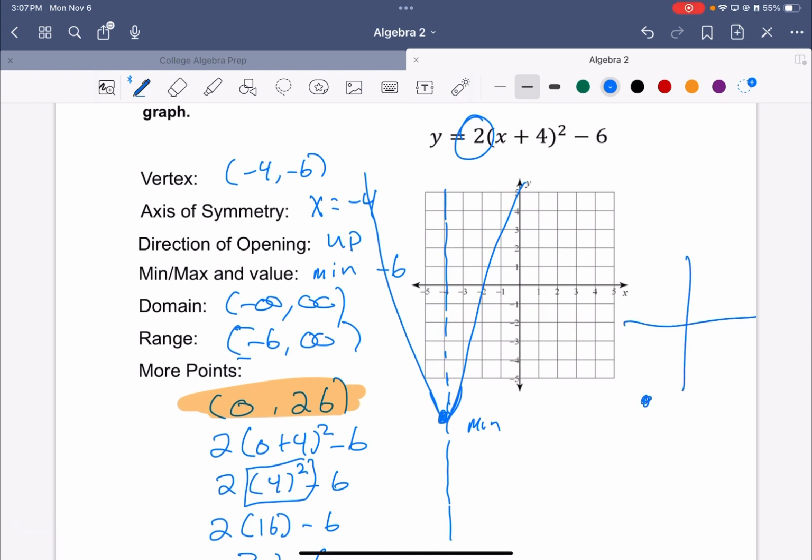So we're down here. This point way up here is the point 0, 26. I've got this axis of symmetry line. What's that distance? You don't need the graph to see it. What's this point? This point down here is negative 4, negative 6, right? What's the distance from negative 4 to 0? 4. So that's 4 units.